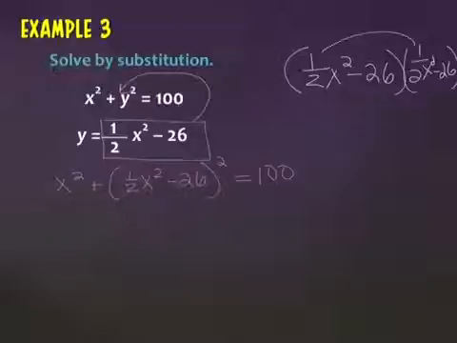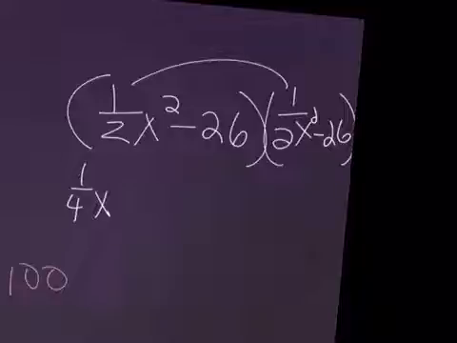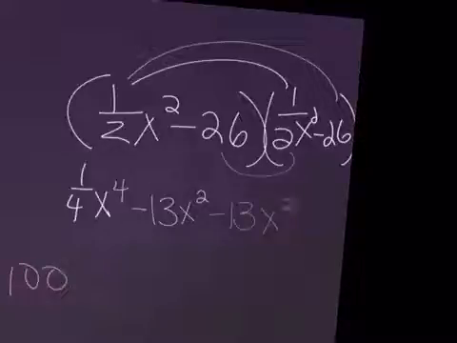So this would be 1/2 times 1/2, which is 1/4, x squared times x squared, which is x to the 4th. Then 1/2 times negative 26, which is negative 13x squared. Negative 26 times 1/2 x squared, which is again negative 13x squared. And then negative 26 times negative 26, which is a positive 676.